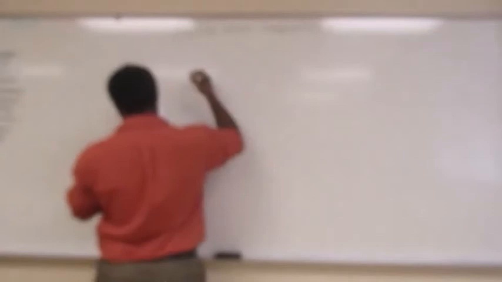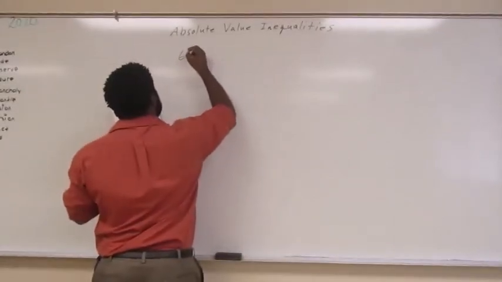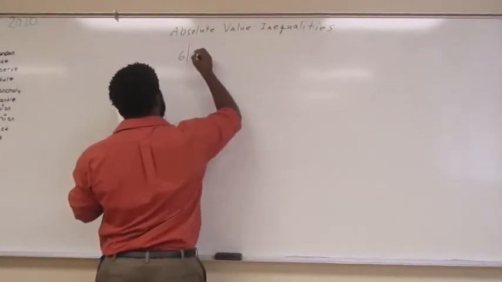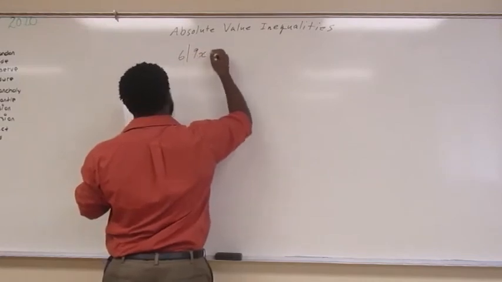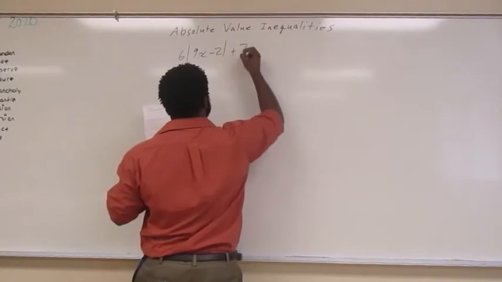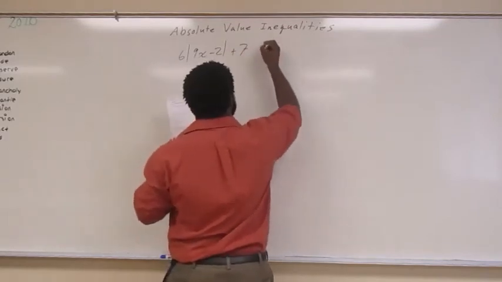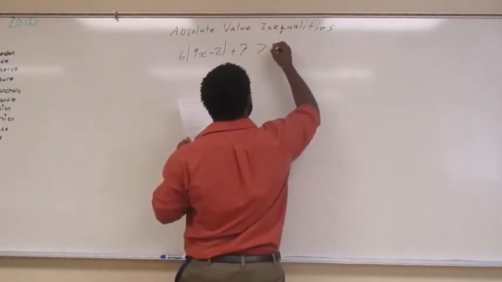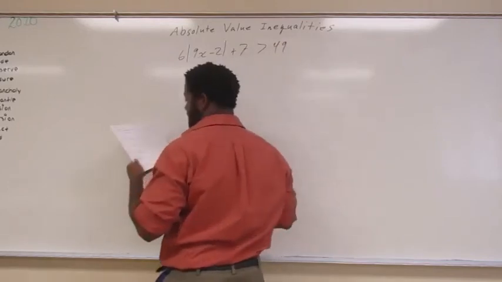Number 9 says 6 times the absolute value of 9x minus 2 plus 7 is greater than 49, right?